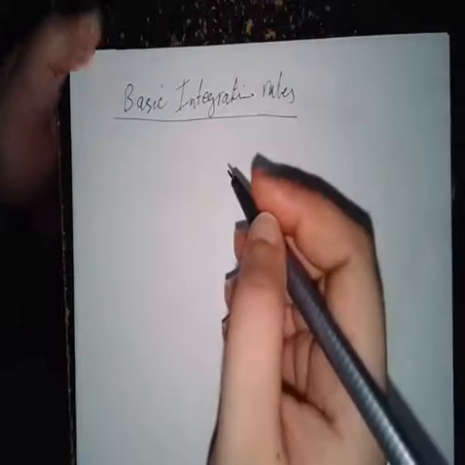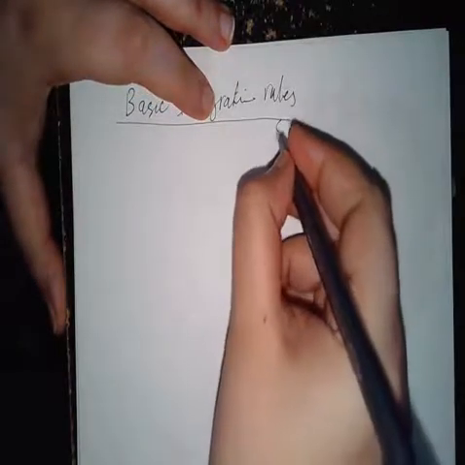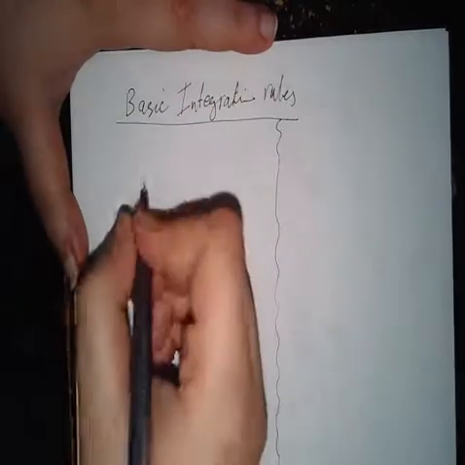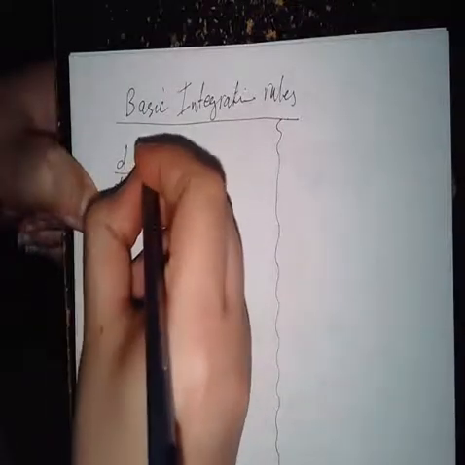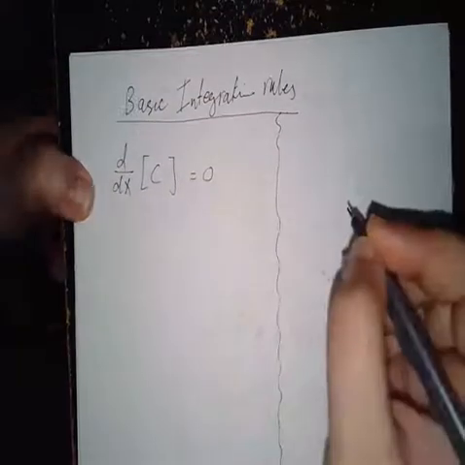Alright? Okay, so I'm going to have two columns. We're going to call the first one differentiation formulas, and the other one integration formulas, because I want to show you the contrast between the two. So I'm going to just write a squiggly line over here, like this. Okay, so if you have d dx of c, it's going to equal 0, right?